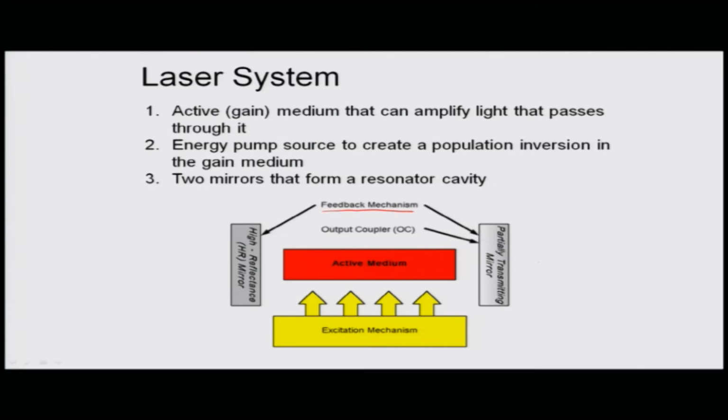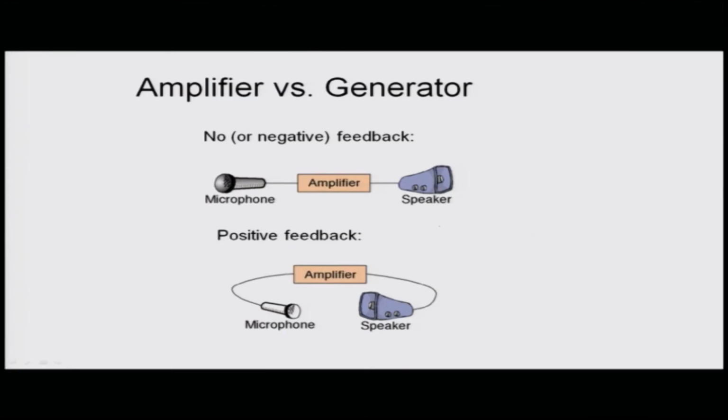The part from which some part of the energy is being taken out is technically known as the output coupler, and the other side from which almost no light or energy leakage should happen is known as the high reflector. So, this is basically the principle. The energy pump source creates the population inversion in the gain media, and the two mirrors that are being referred to here form the resonator cavity.